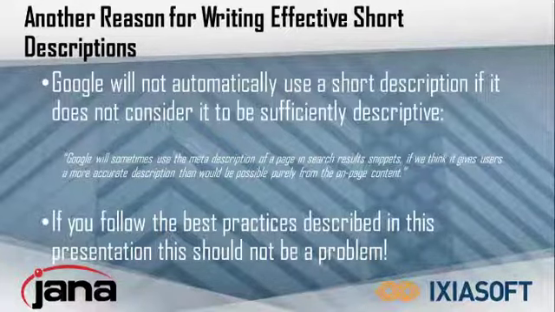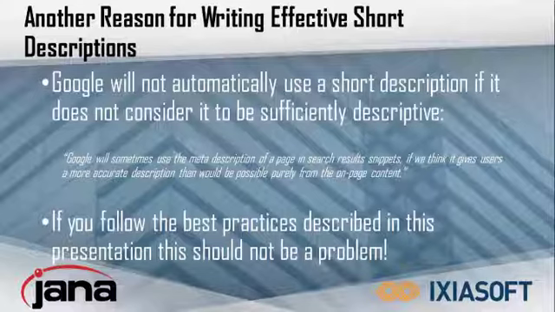Another reason for writing effective short descriptions is that search engines like Google will not automatically use a short description if they do not consider it sufficiently descriptive. This is another one that falls into the category of being problematic. The quote from Google is, "Google will sometimes use a meta description of a page in search engine snippets if we think it gives users a more accurate description than would be possible purely from the on-page content."